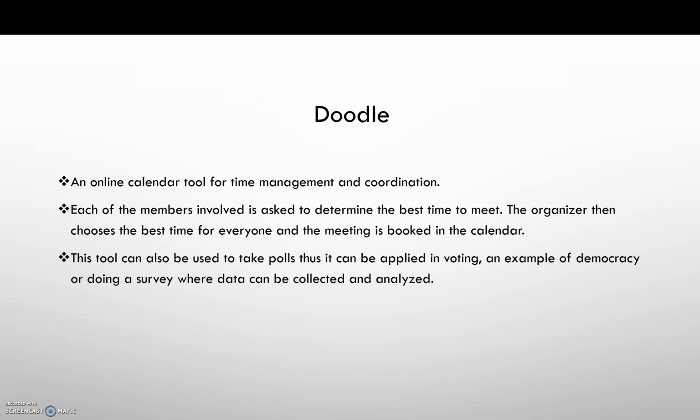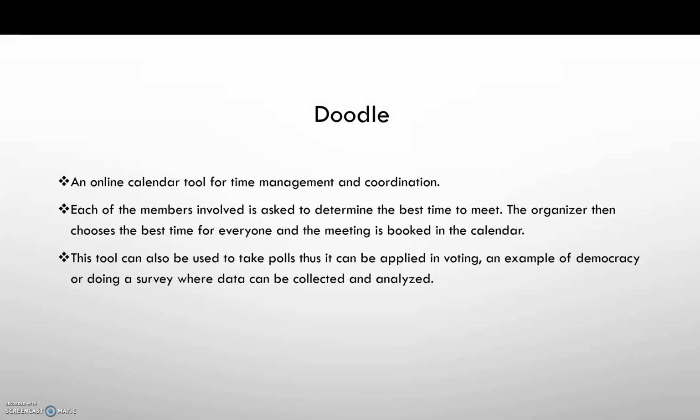Generally, when this tool is being used, each of the members involved will be asked to determine the best time to meet if it was a meeting. And once they have been asked, it is the organizer who will then choose the best time for everyone based on the selections that have been done on the Doodle.